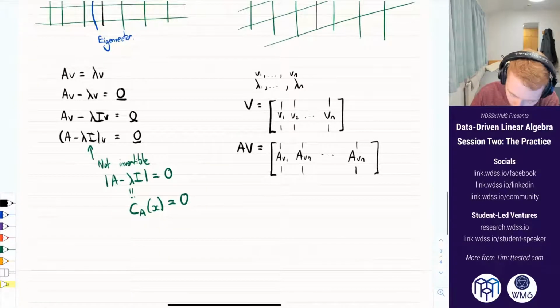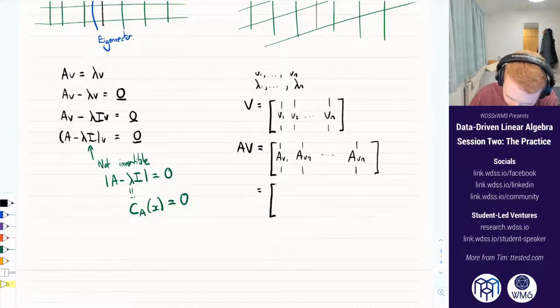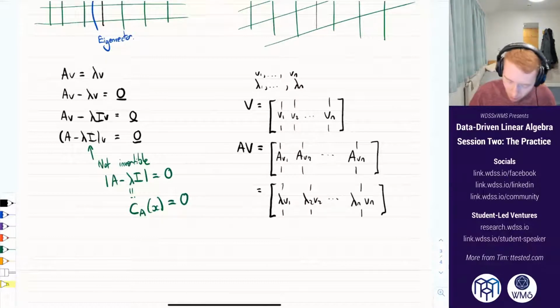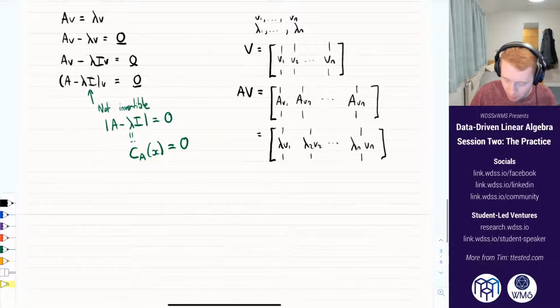But we know, because these are eigenvectors, that this is the same as lambda 1 v1, lambda 2 v2, all the way up to lambda n vn. That's just the definition of an eigenvector. And then from there, we can observe that this can actually be written in this form.